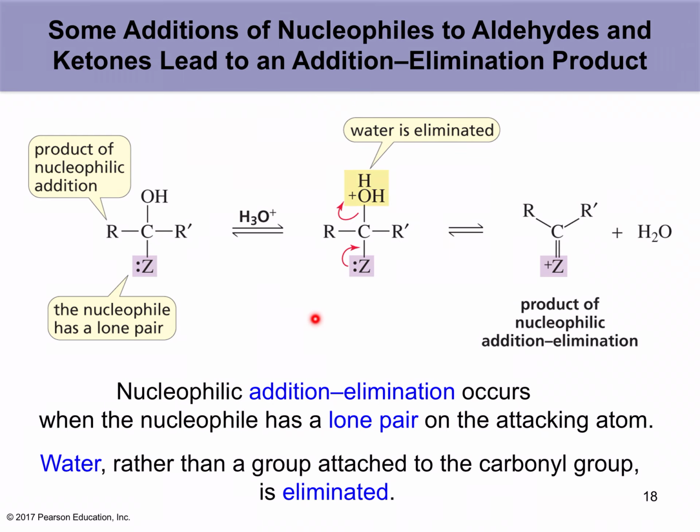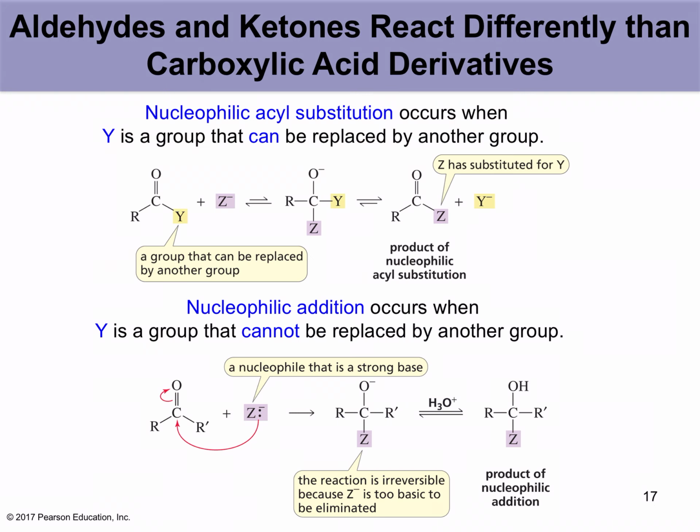And then some additions of nucleophiles to aldehydes and ketones lead to an addition-elimination product. So addition-elimination. Here's another way that these carbonyl groups undergo reactions. Let's say from the previous one, nucleophilic addition, you have this compound here.